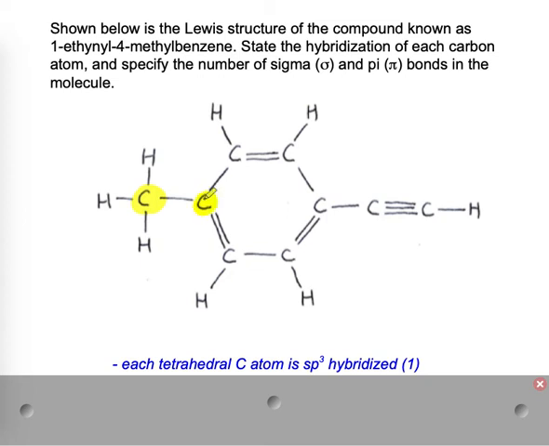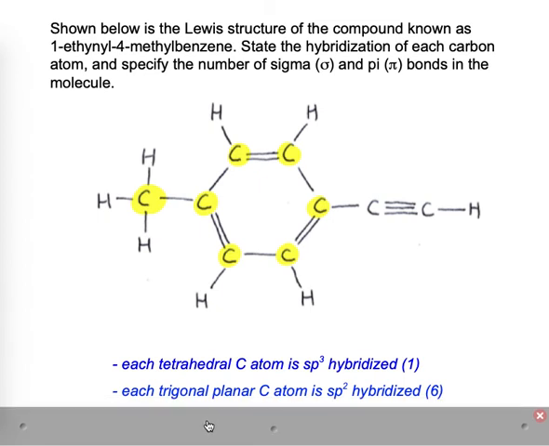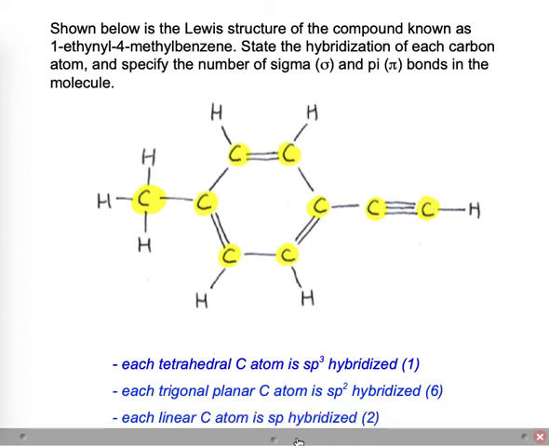I see 1, 2, 3, 4, 5, 6 carbon atoms that have trigonal planar geometry. I should have said the first carbon, it has tetrahedral geometry. I see 6 that have trigonal planar. So those are sp2 hybridized. And finally, I see 2 that have linear geometry, and those are going to be sp hybridized.